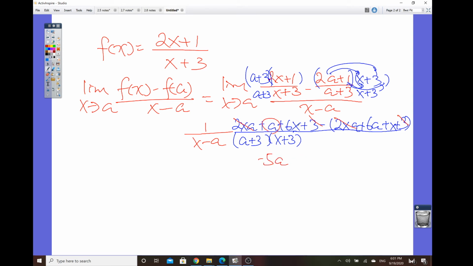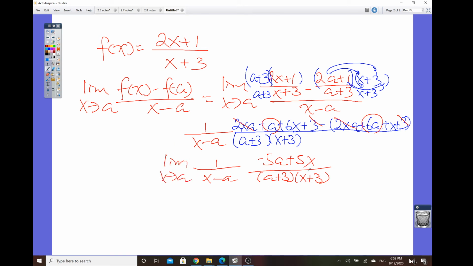And 6x minus x, we have 5x. Definitely we can swap those terms. Again, one thing at a time. The denominator, just leave it as a plus 3, x plus 3. Again, we're taking the limit as x approaches a.